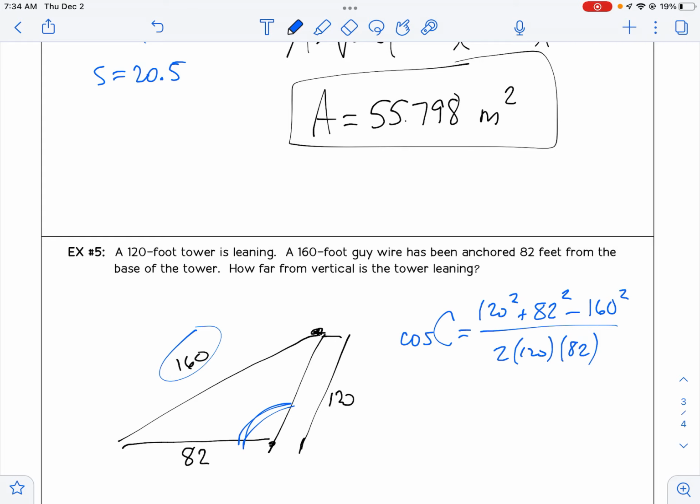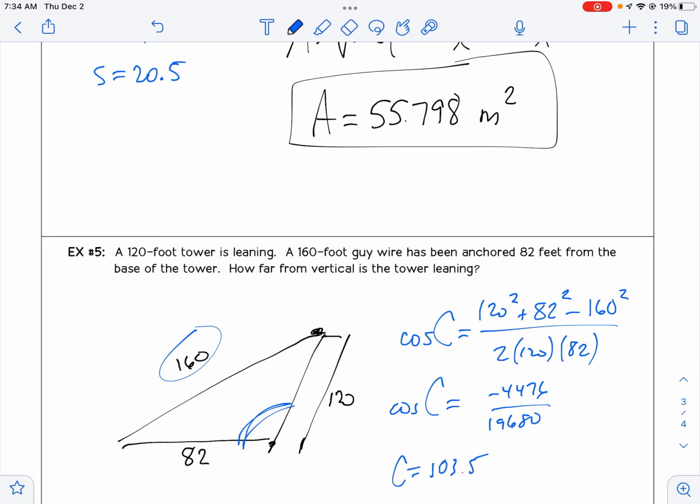Plugging all that in, I should get the fraction negative 4476 divided by 19,680.